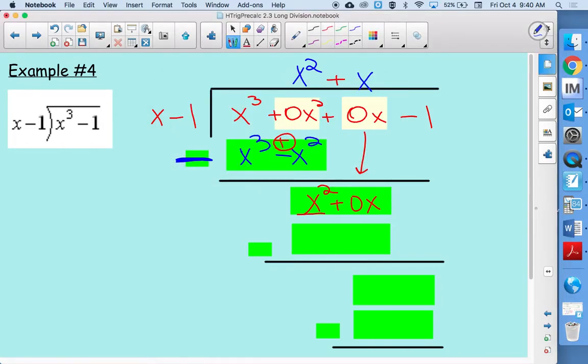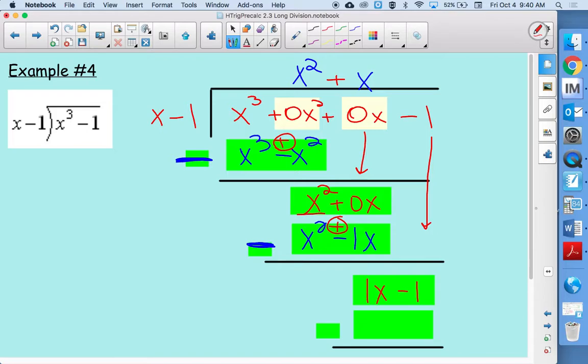And multiplying x times x, x times negative 1, and then subtracting. That again is a plus sign. So now I have a 1x, and I bring down the minus 1.